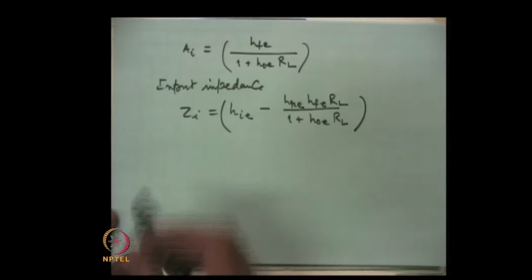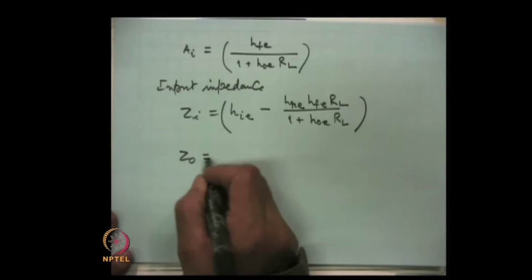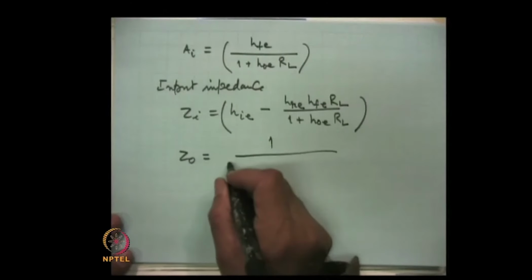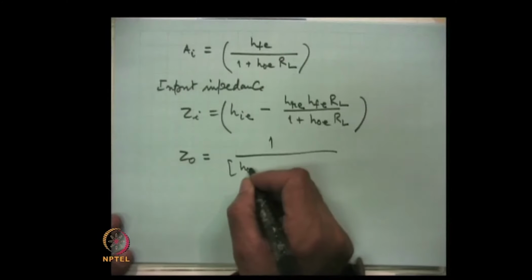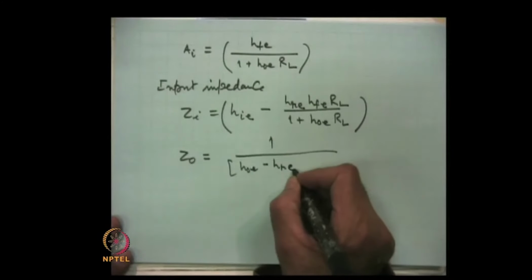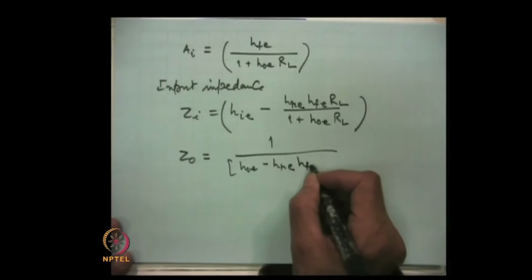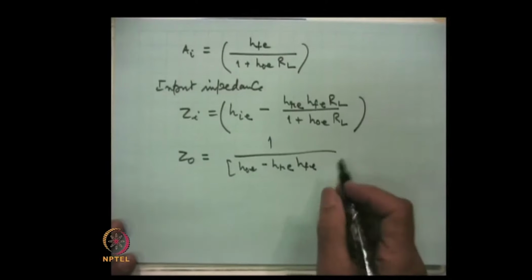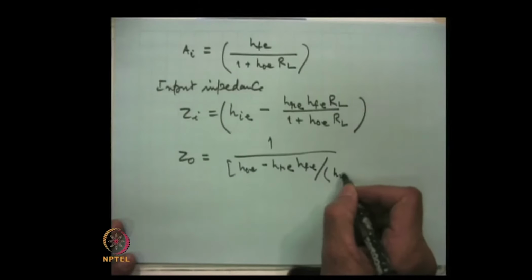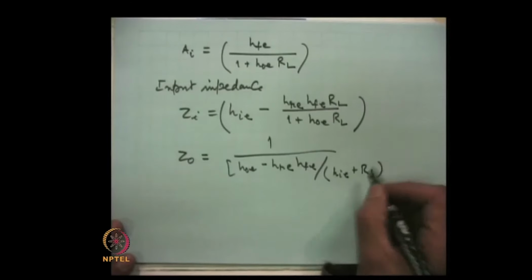And finally, the output impedance Z0 for common emitter amplifier is 1 by HOE minus HRE and HFE divided by HIE plus RS.